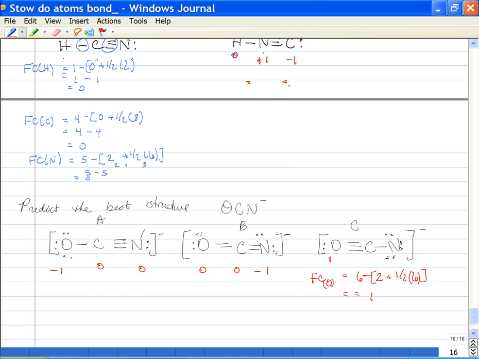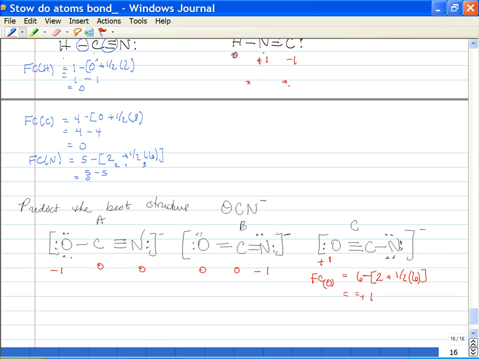Okay, the formal charge of carbon. Carbon brings 4 to the mix, and 0 non-bonding. And 1/2 of 8 is 4. So carbon has a 0. See, I told you to get faster.